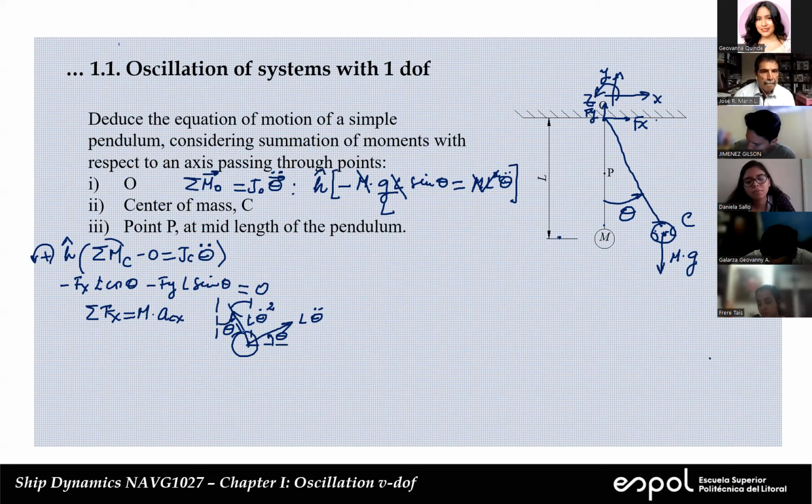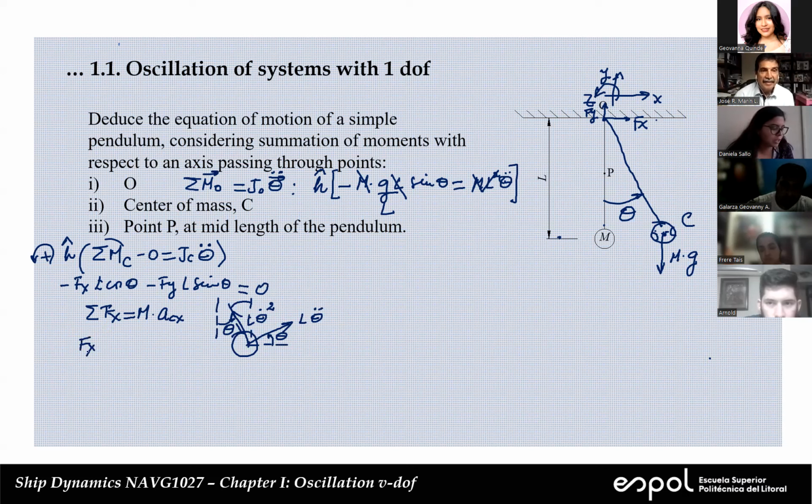So what forces in the x direction are acting on the system? We have only one: Fx. Exactly, that's all, and the mass times.